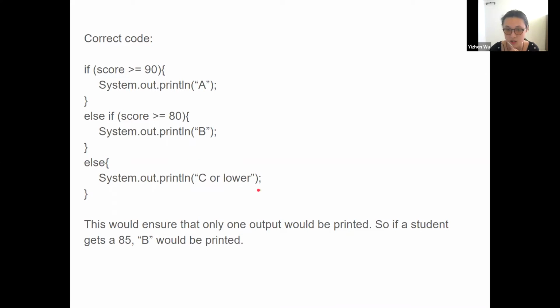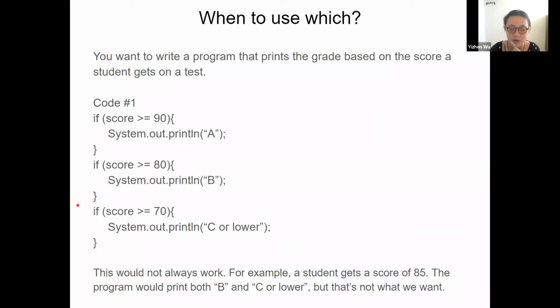If a student gets a 95, it's going to print out the A, and this code won't even run. So that's the difference between the if else and only the if statements. Of course, sometimes you will want to use if statements as well. It really depends on what you want the code to do.